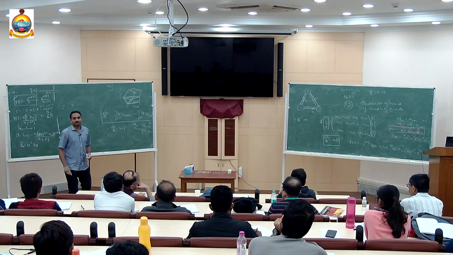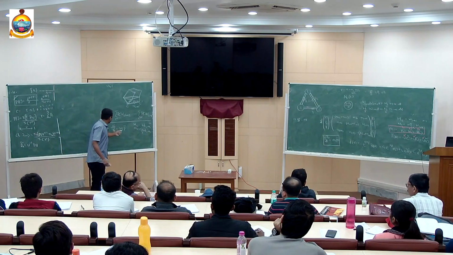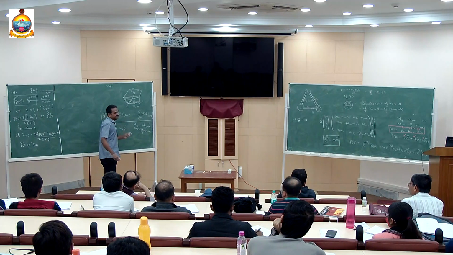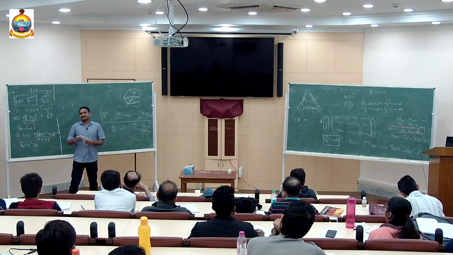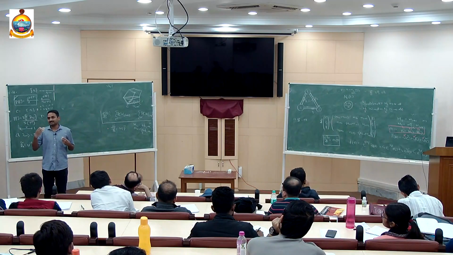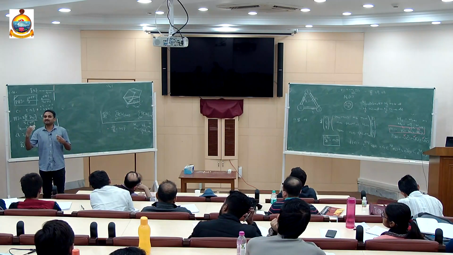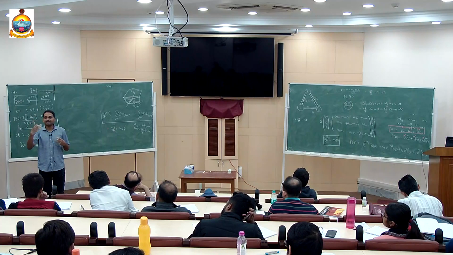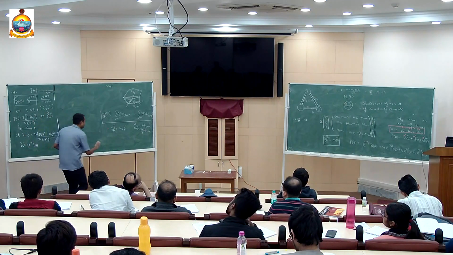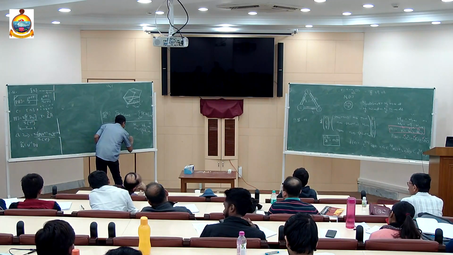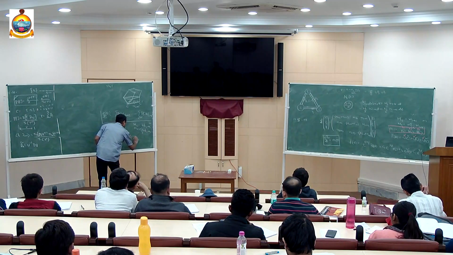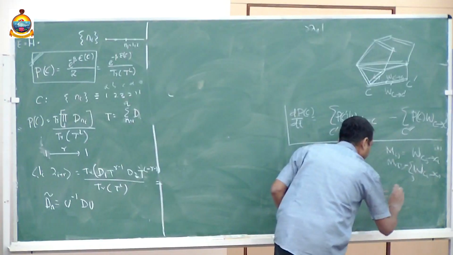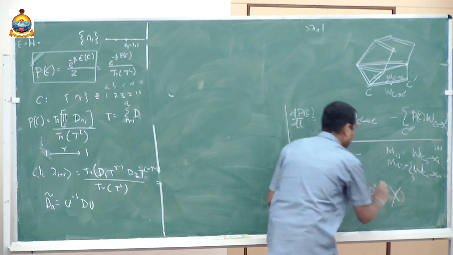So now let us see some properties of the matrix M. If you want the probability to not evolve any further, the stationary state means that the probability becomes independent of time. Let us say P star is called a stationary state. So P star of C will not depend on time anymore.